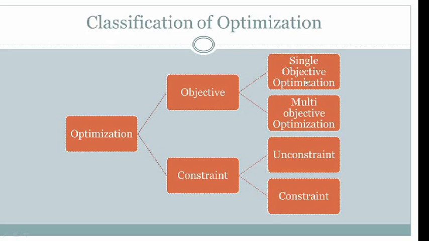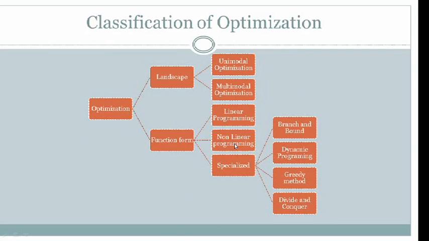If I categorize according to constraint, then it will be unconstrained or constrained. If I classify with respect to landscape, then it will be unimodal and multimodal, as we have discussed.